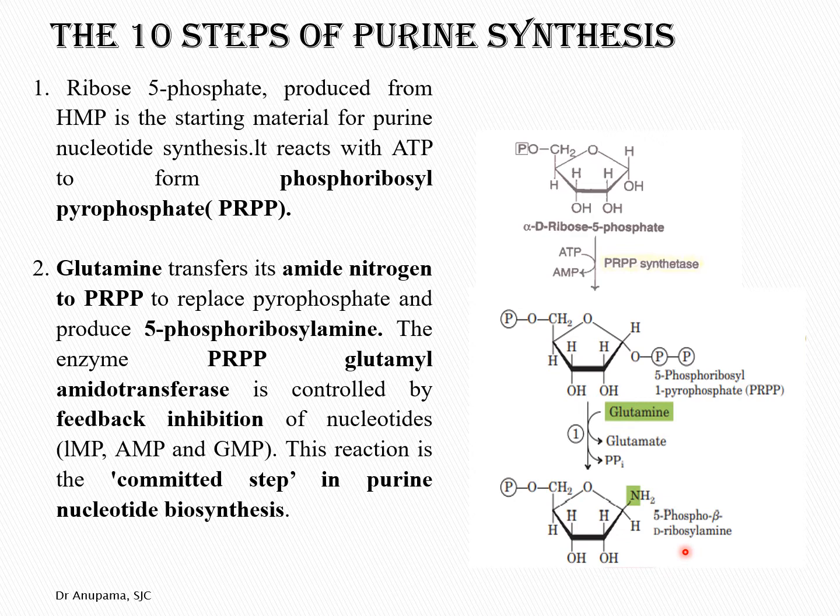The enzyme involved in this catalysis is PRPP glutamyl amidotransferase, and this is controlled by feedback inhibition of the nucleotides IMP, AMP and GMP. This step we call the committed step in purine nucleotide synthesis. Here the glutamine, after donating the nitrogen, is converted to glutamate, and then pyrophosphate is released.